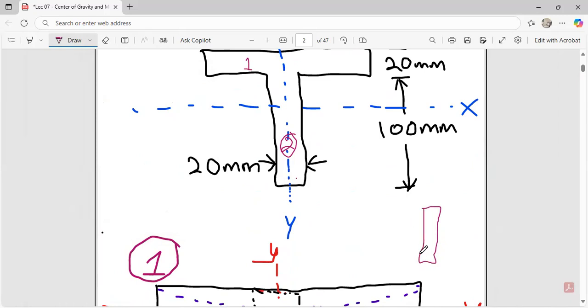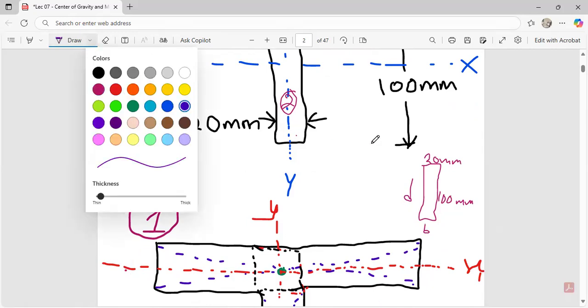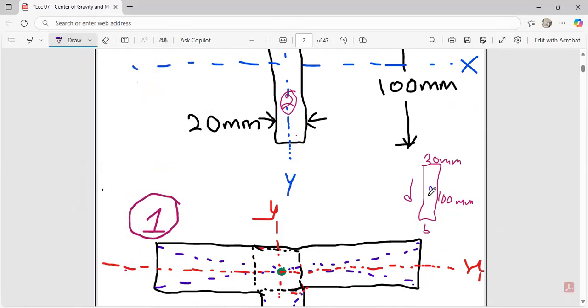Because of that, you realize that this is the breadth and this is the depth. Let's calibrate it together. Here is 100 mm, and here was just 20 mm. So the area is equal to the breadth times the depth, so the formula is going to be 20 times 100. So that is the shape for the part 2 we are talking about.